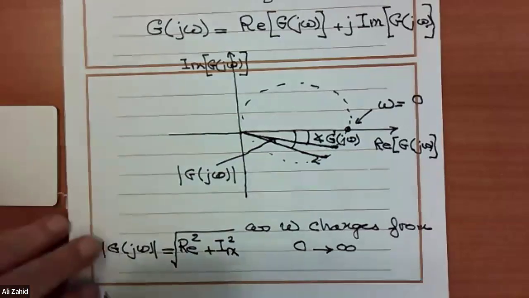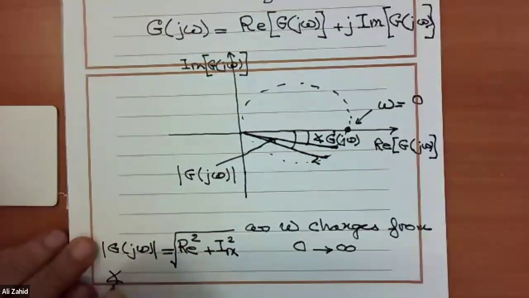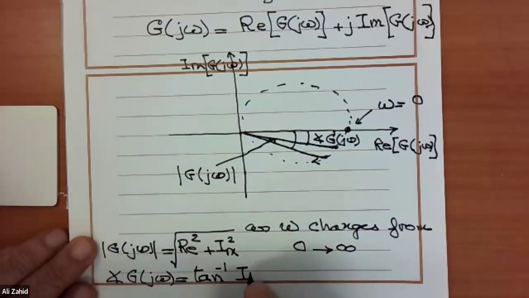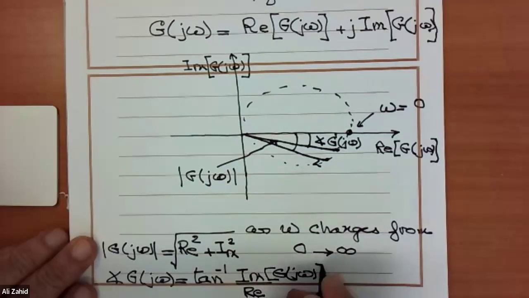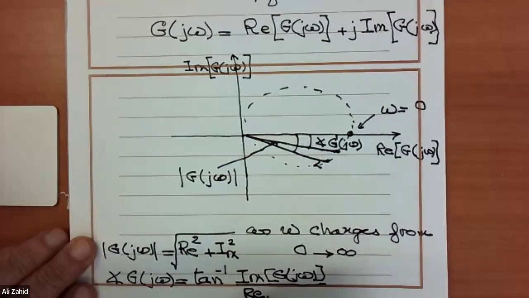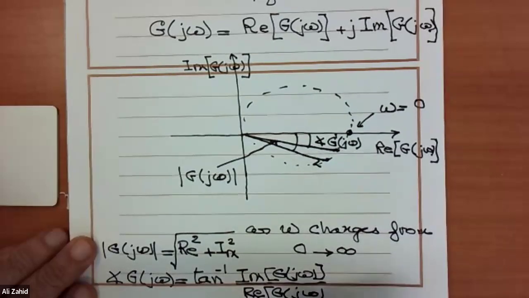Okay. And what is the phase angle of G of j omega? It is tan inverse of the imaginary over the real, the imaginary of G of j omega over the real of G of j omega.